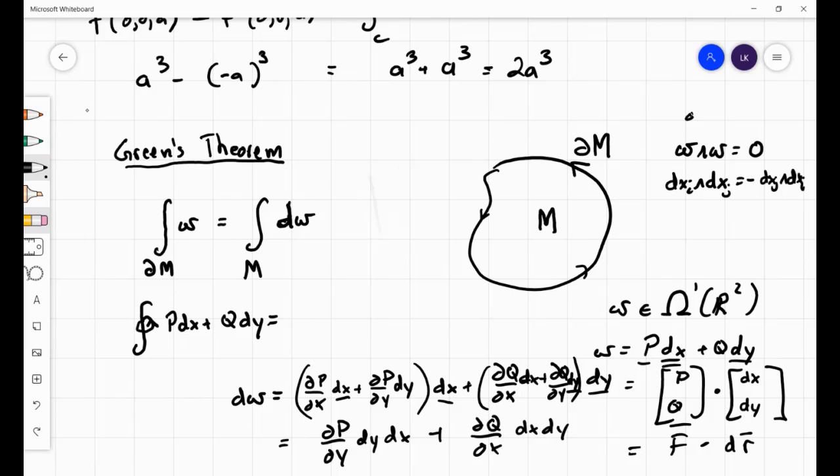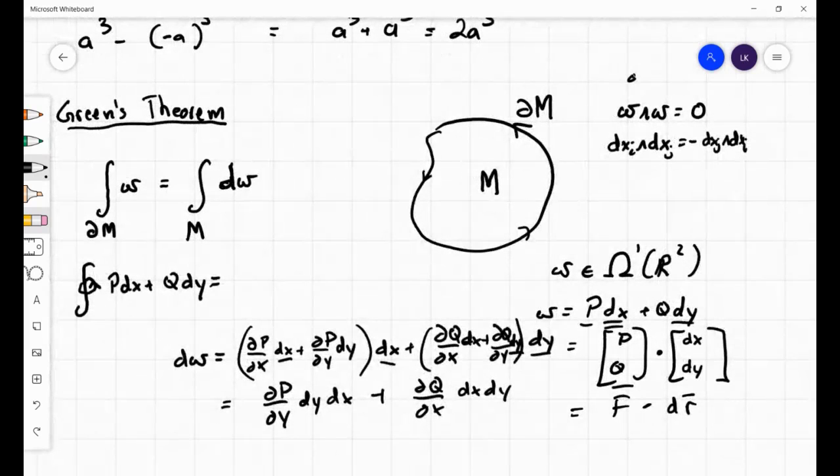We would switch these two. So instead of dy dx, we'd have minus the derivative and then dx dy. So this is in canonical order, x and then y and then z.